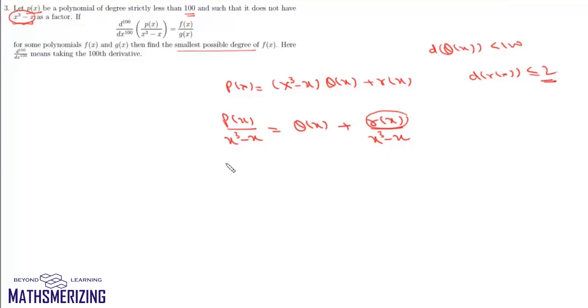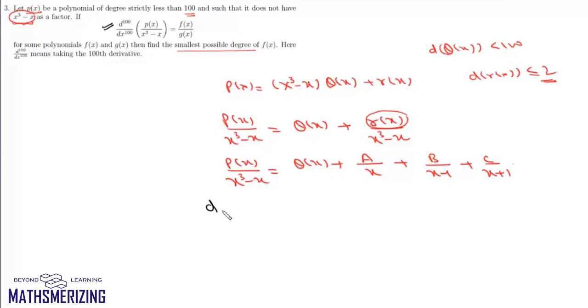So we can write p(x) upon x cube minus x as equal to q(x) plus some a upon x, plus b upon x minus 1, plus c upon x plus 1. Now we need to differentiate this 100 times.